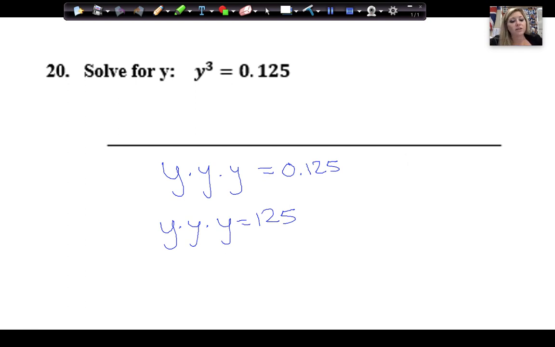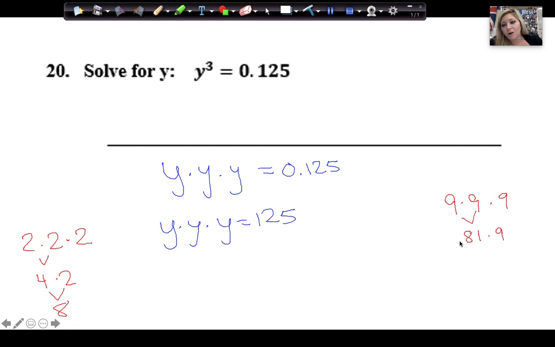Let's say you can start with 2. 2 times 2 times 2, just to see what it is. 2 times 2 is 4, and 4 times 2 is 8. That's way off. So then you can go maybe in the opposite direction and do 9 times 9 times 9. 9 times 9 is 81, and 81 times 9 is going to give you a number that is way bigger than this.